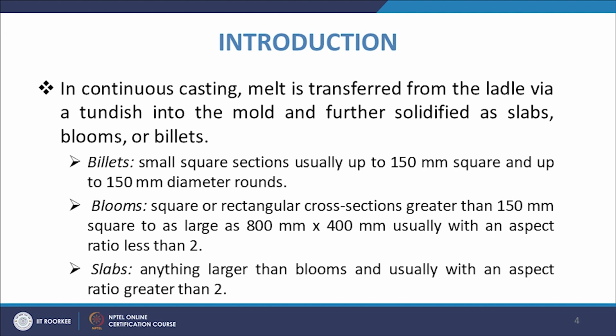Slabs are basically larger than blooms, and normally have an aspect ratio of more than 2, greater than even the blooms. So, these are normally the end products of a continuous casting system.